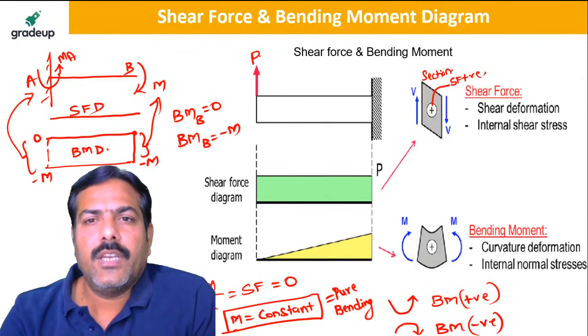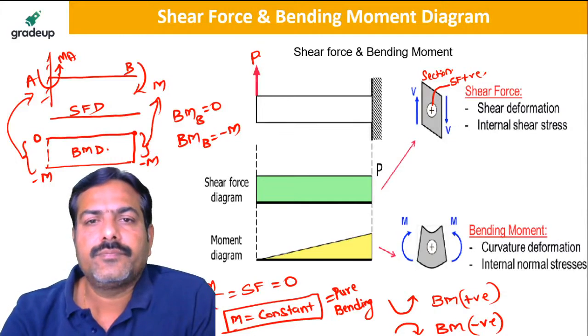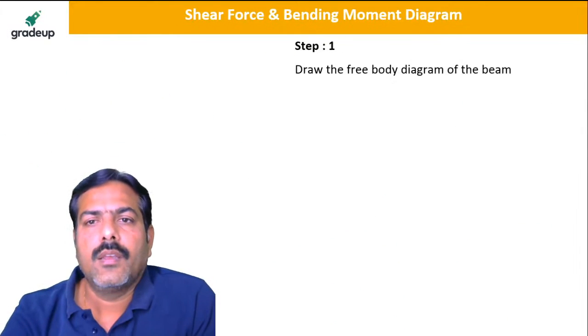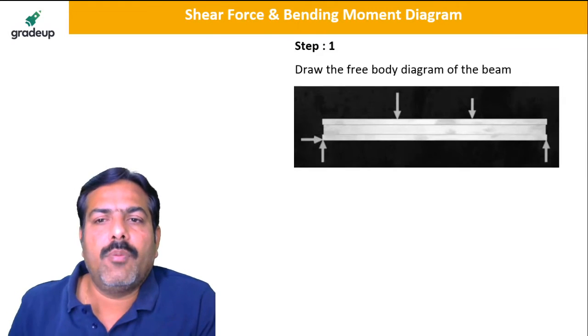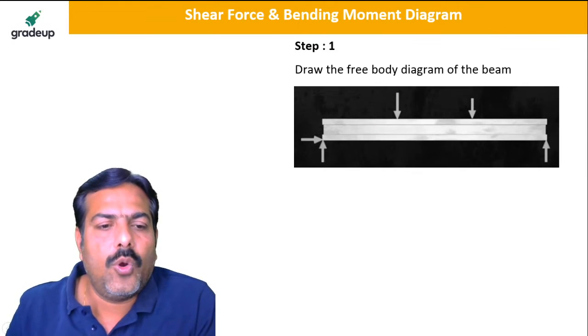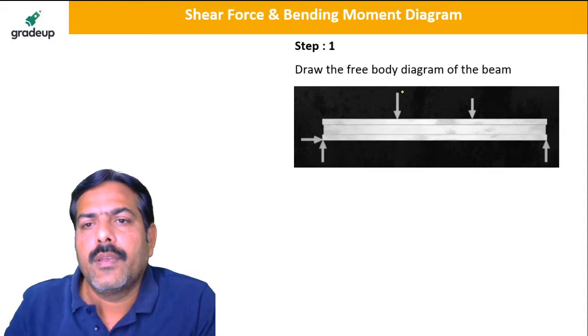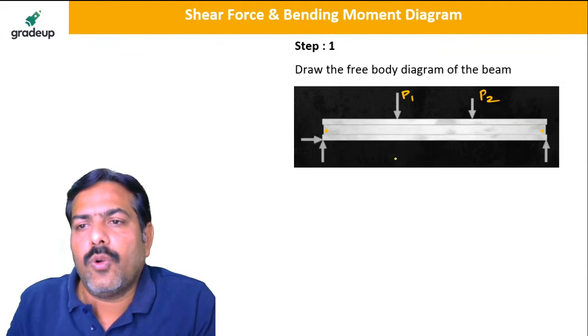So what do we need to do, my dear friends? First we should draw the free body diagram. When you draw the free body diagram, you see there are loads P1 and P2, it is hinged at this point, and it has a roller support.